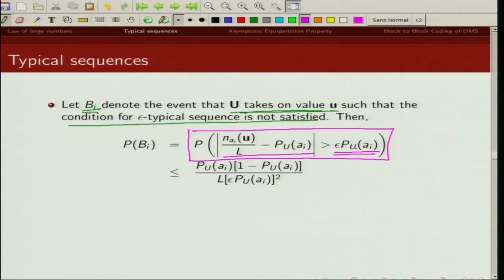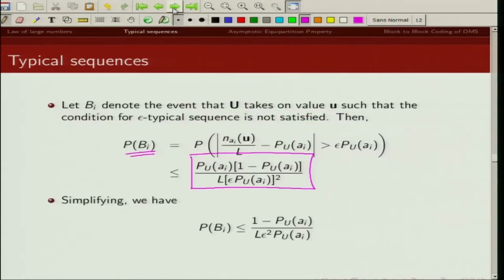Similarly, B2 will be for the condition when A2 does not satisfy the condition for typical sequence, and like that for all the K different symbols emitted by the discrete memoryless source.